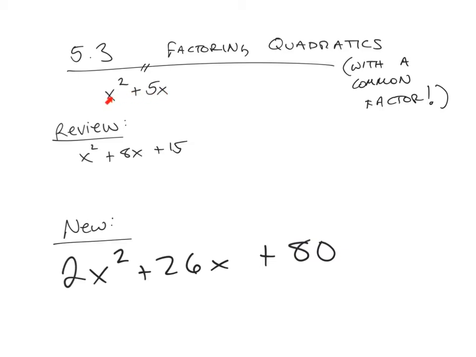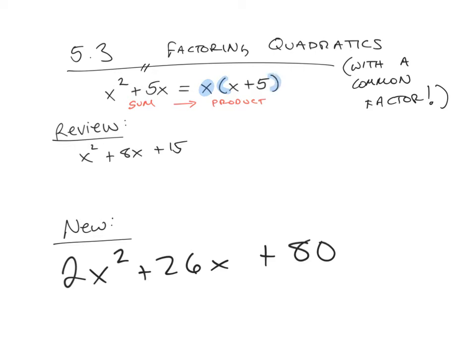Well, looking at this x squared and 5x, I can see that there is a way to undistribute an x inside of both terms. And this is the process that we started with, where we start with a sum and we turn it into a multiplication problem, a product, and we identify in that product two different pieces.